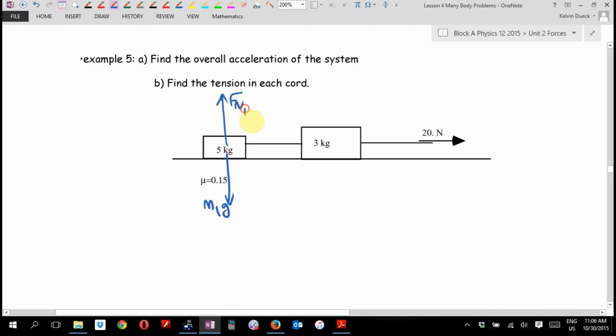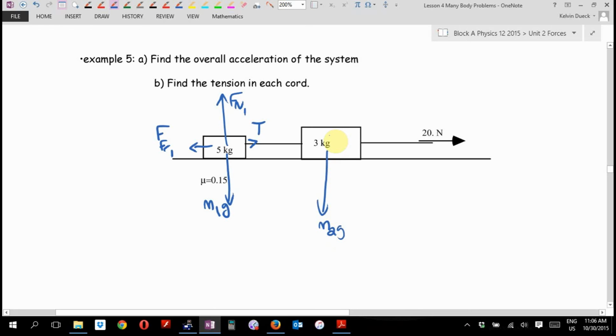Normal force number 1. Tension. Is there friction? Yeah, which way? I'll call it friction force number 1. What are the forces acting on mass 2? Thank you for getting the obvious one.